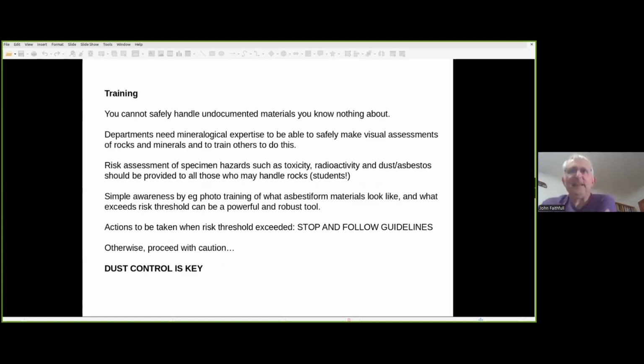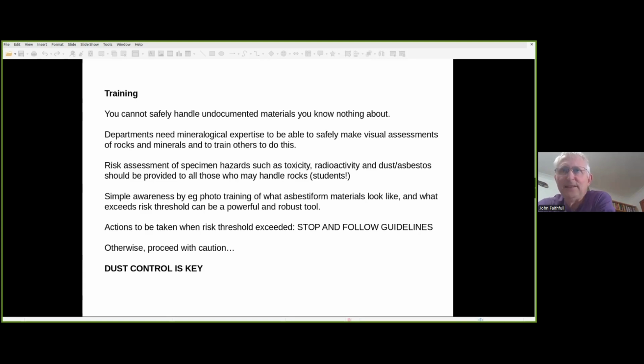The key thing about training is that you cannot handle safely undocumented materials you don't know anything about. If you don't know whether things are toxic or radioactive or asbestiform or anything else, whether it's in a chemistry lab, a physics lab, anywhere, you need to know about the things around you in order to have them safely.